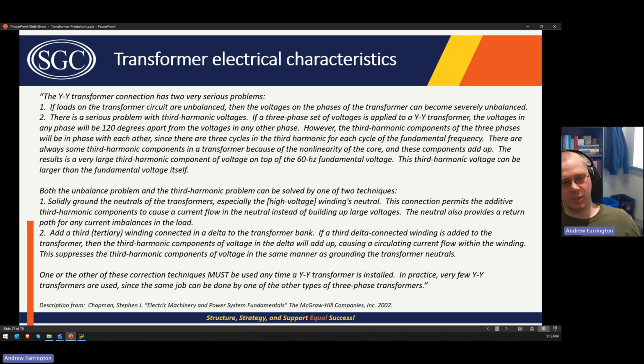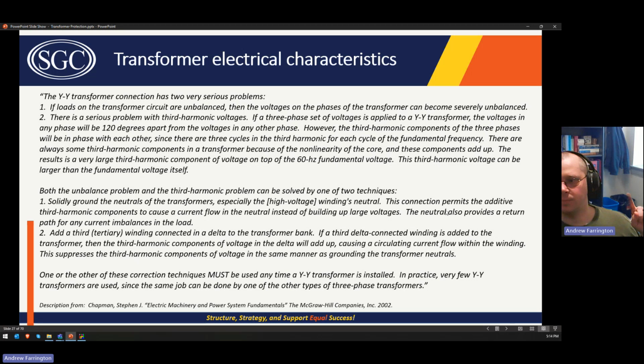But the third harmonics, because they repeat 3 times every primary cycle, are actually in phase, and they tend to build up, and so those third harmonic voltages could get excessively high, and that's a real problem. So you don't usually see a YY transformer that's ungrounded on both sides unless you do one of two things to solve that problem.